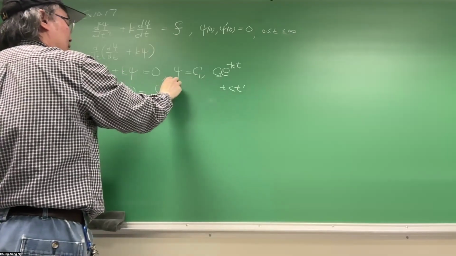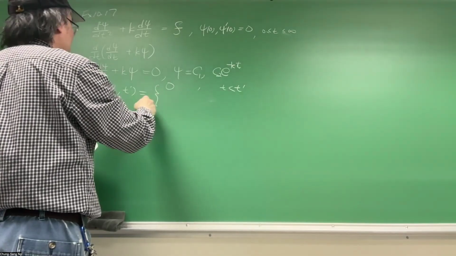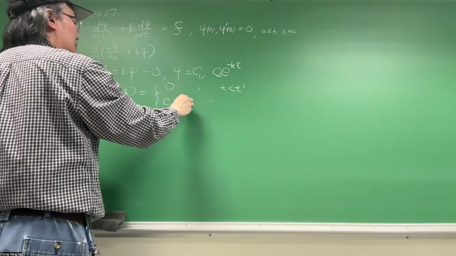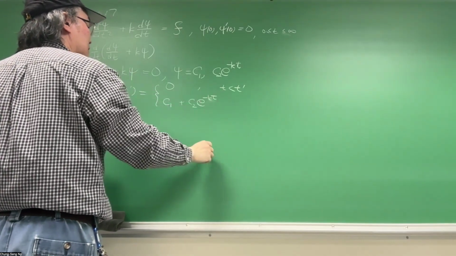That would be totally 0. And for the upper limit, it is c1 plus c2 e to the minus k t.